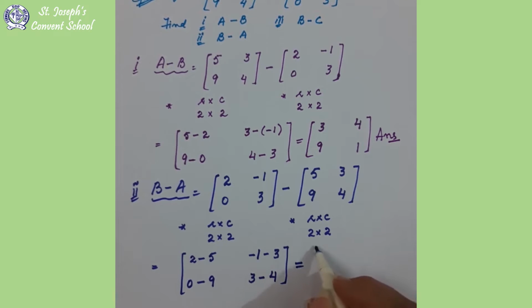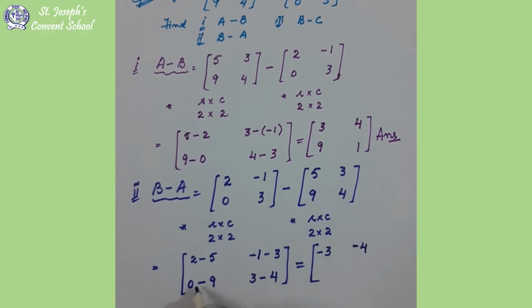So the answer: 2 minus 5, sign of the greater number will come, minus sign, and 3. Minus 1 minus 3, same sign we always add, so you'll get 4, and sign of the greater number, minus. 0 minus 9 is 9, and sign of the greater number, minus. 3 minus 4 is 1, and sign of the greater number is minus. So this is the answer.